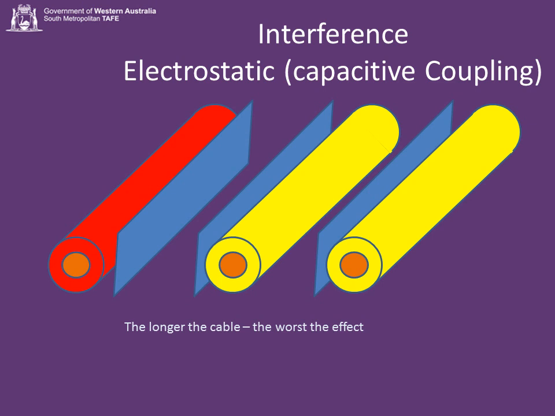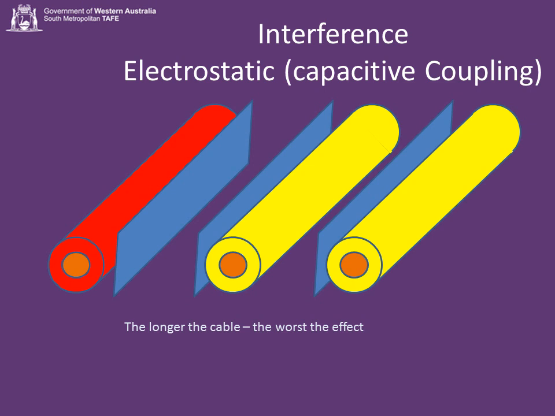So a field will build between the two conductors. If the red core here goes highly positive, the yellow core will go highly negative by capacitive coupling. It's very distance dependent, so the middle yellow core will be affected much more than the outer yellow core.